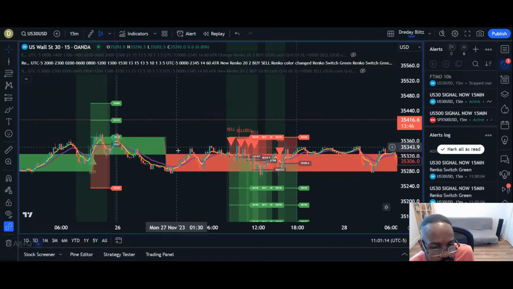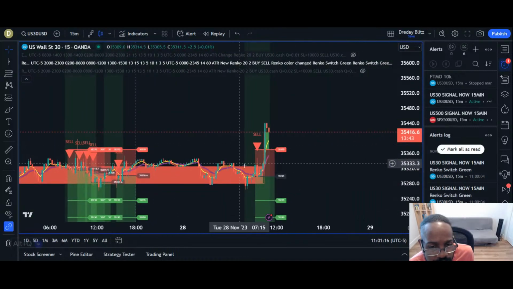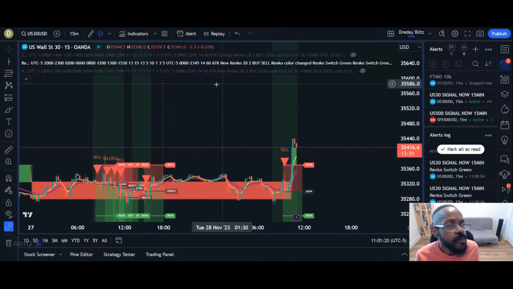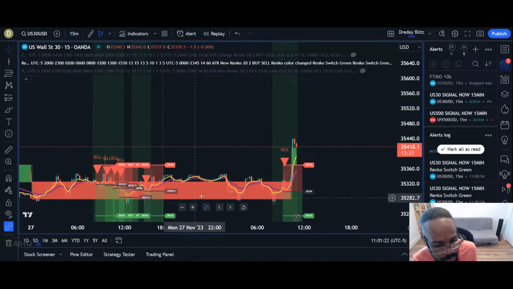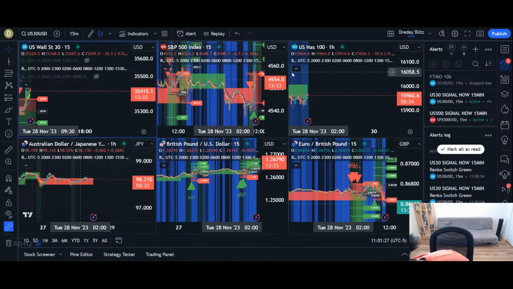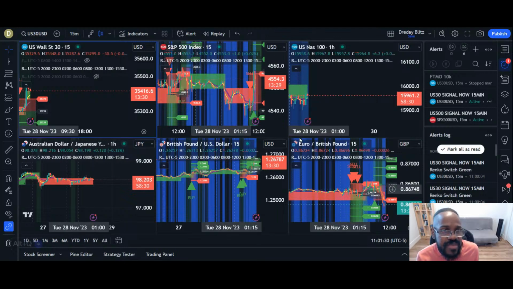So before it was switching to red, and then it switched to green. What time is it? Or 11.